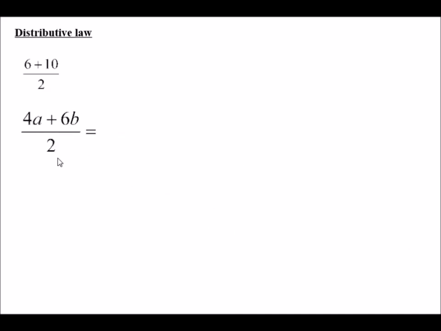So the first thing I'm going to do, I'm going to write 4a over 2, and I'm going to write plus 6b over 2. And again, we deal with the signs, then the numbers, then the letters or the variables.